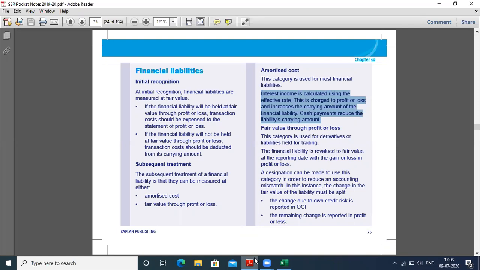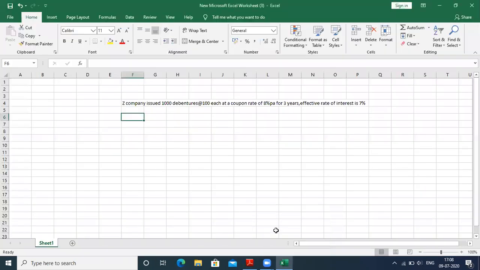So whenever we are dealing with financial liabilities, in the statement of profit or loss account we need to calculate the interest at the rate of 7%, that is the effective rate of interest, not at the rate of 8%.